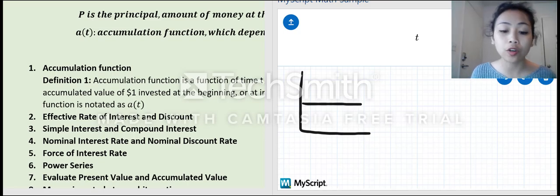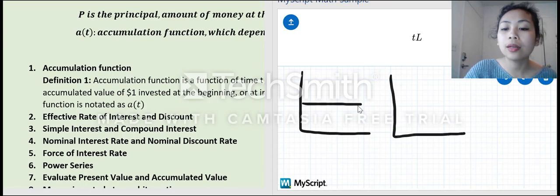But because they are your relatives or friends, they do not take interest. So in this case, A(t) is a constant function of 1, a horizontal line. We call this accumulation function a representation of a piggy bank, that means a loan from a father-in-law, so you don't have to pay interest.